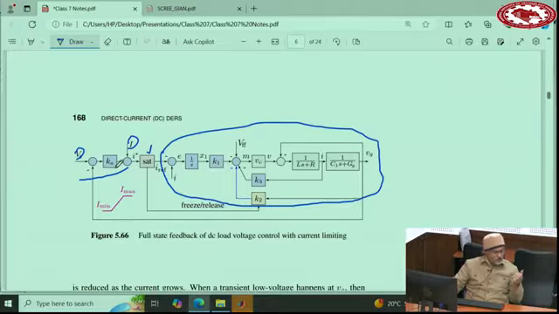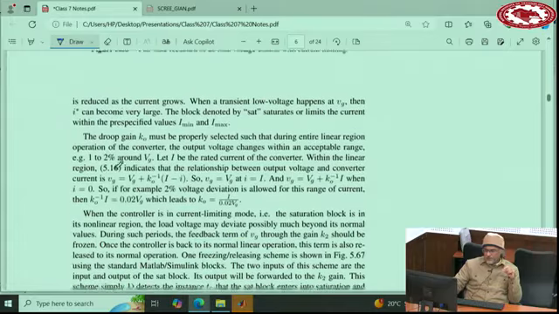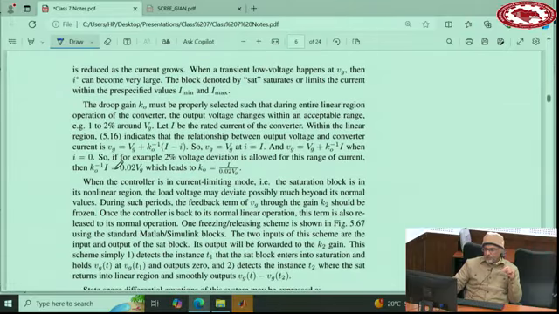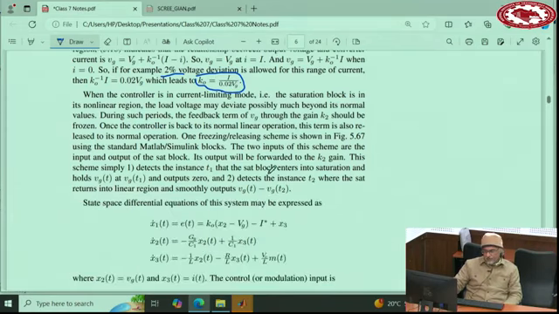So the design of K0 comes from how much you want your voltage to change, right? So basically it is coming from this equation. If you want, for instance, 2%, it will be I divided by 0.02 VG. 5%, 0.05 VG, things like that.